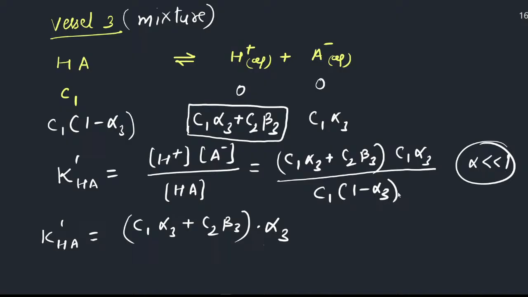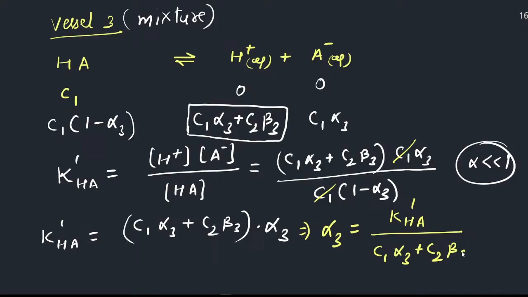So 1 minus alpha 3 is 1, and C1 is cancelled by C1. So in short, alpha 3 becomes equal to K_HA dash divided by (C1 alpha 3 plus C2 beta 3).